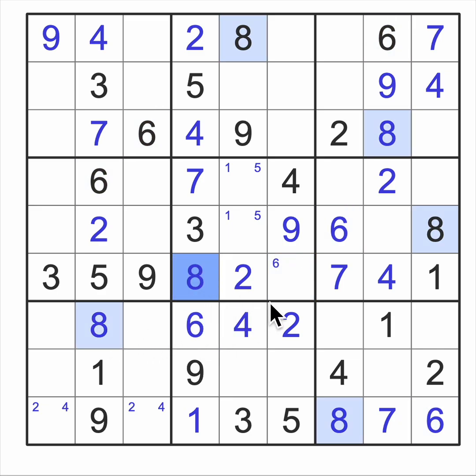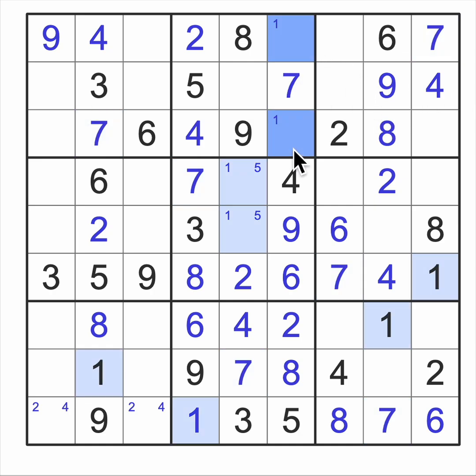This is 8, and this is 6. These two are 7 and 8, so 8 here makes this cell 7, gives me 8. 7 and 7 block these. This 7 blocks here, gives me 7.